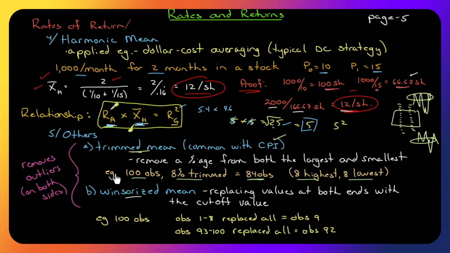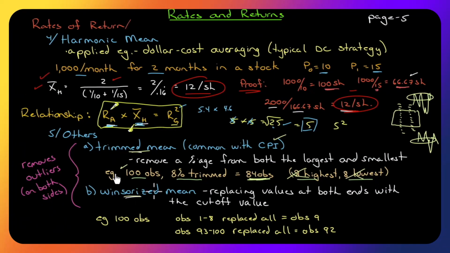Don't get confused between that. The number of observations is 16% lower than 100, but because we've taken equal amounts from both ends, 8% from both ends, totaling 16%, we simply eliminate the 8 highest and the 8 lowest and calculate a trimmed mean.